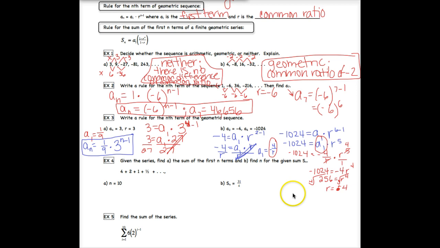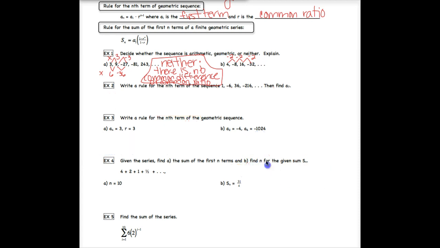So now that we know that, we can write the equation. So I go back in and I say my rule, a sub n equals then a sub 1, which I suppose I should probably find. So a sub 1 here, if I plug back into this equation, negative 4 equals a sub 1 times r, which is 4.